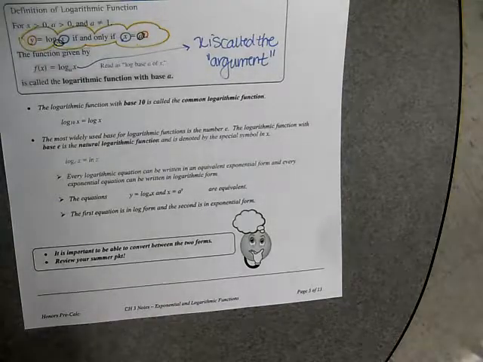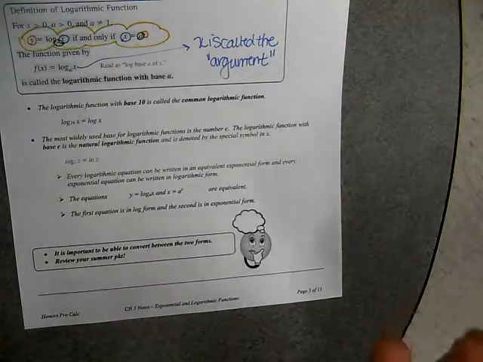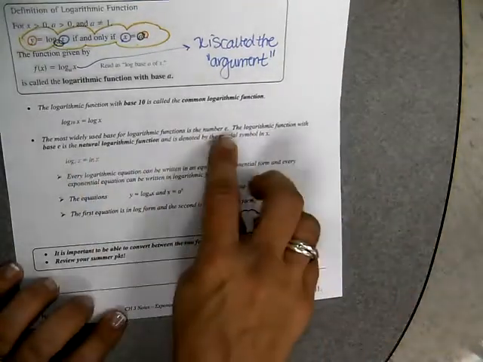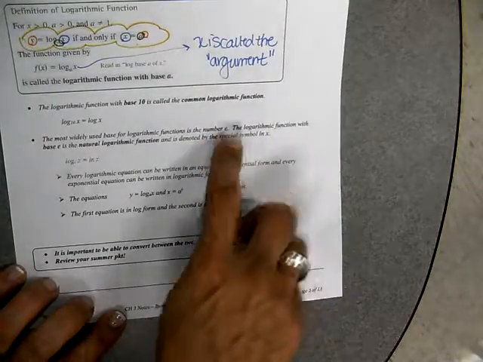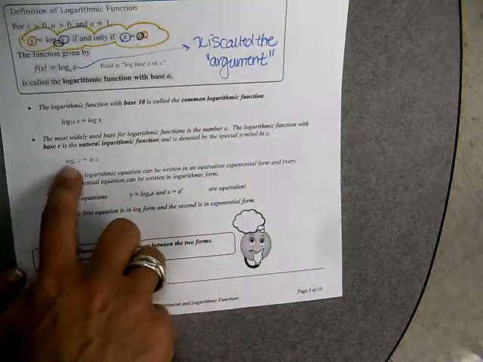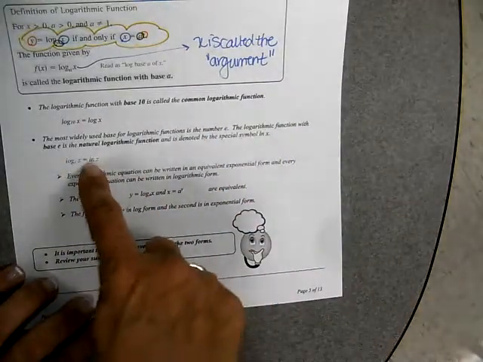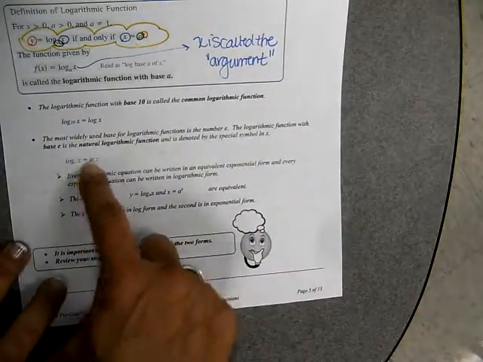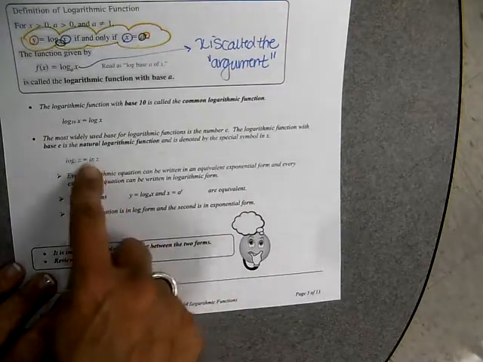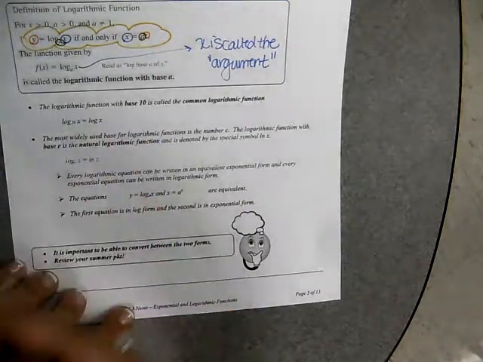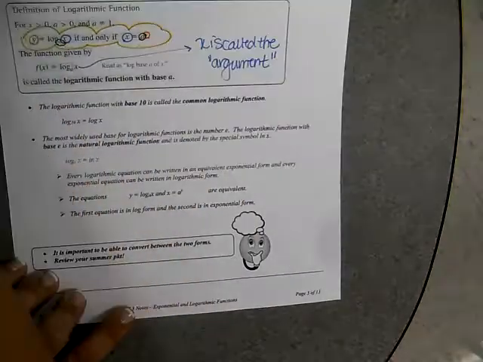And then another value that ends up being very convenient for modeling is this natural base e. Instead of writing log base e of x, because it's so common, they call it the natural log, and we write ln x instead. And I usually call it the natural log of x.